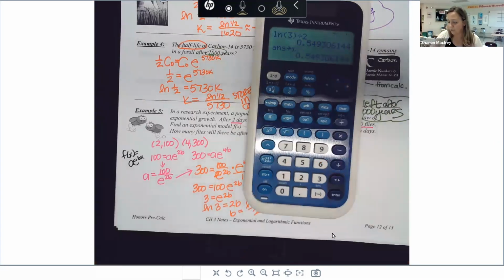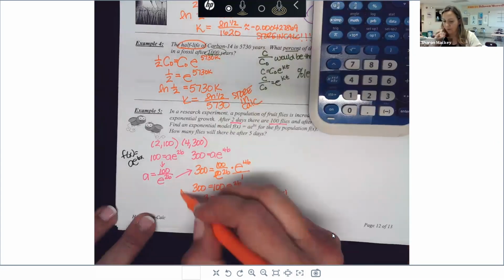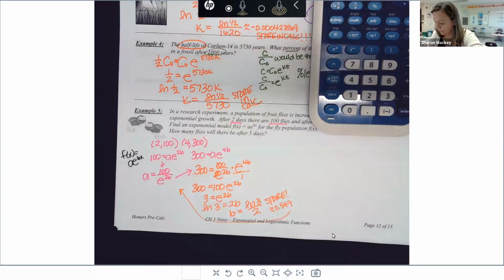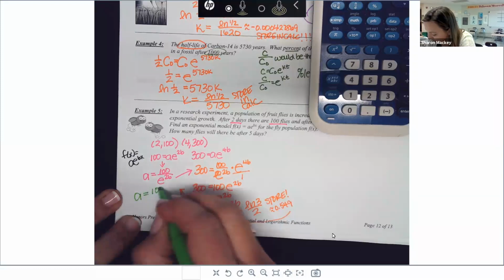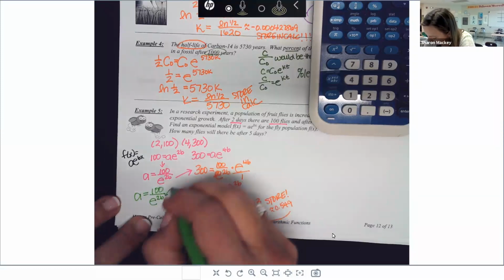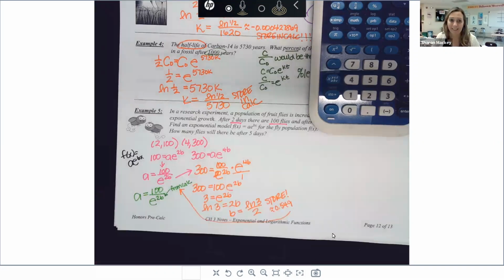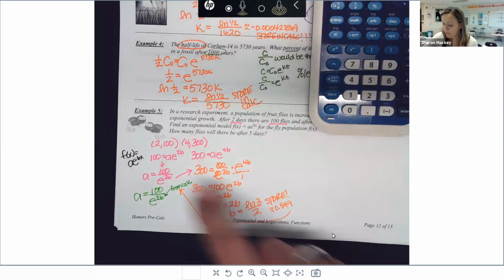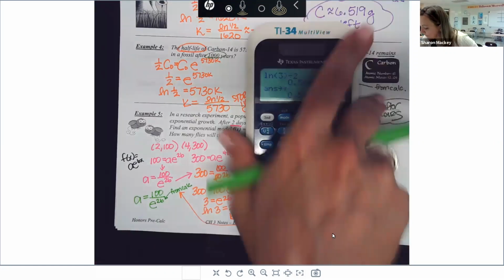What are we using that stored value for? Well, let's now find what a is. So now what we'll do is we'll put that b value that we found in the calculator. So now we can type in 100 over e to the 2x, that's from our calculator, and then we can find what that is.